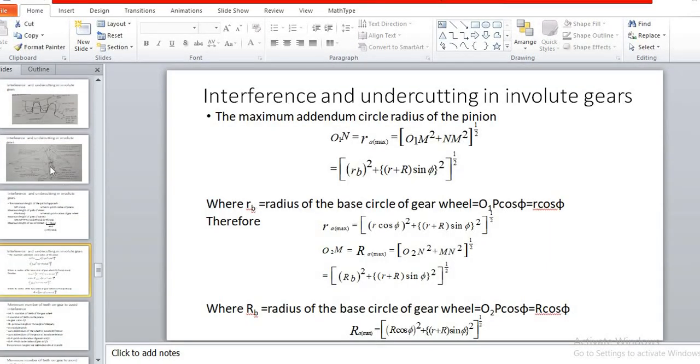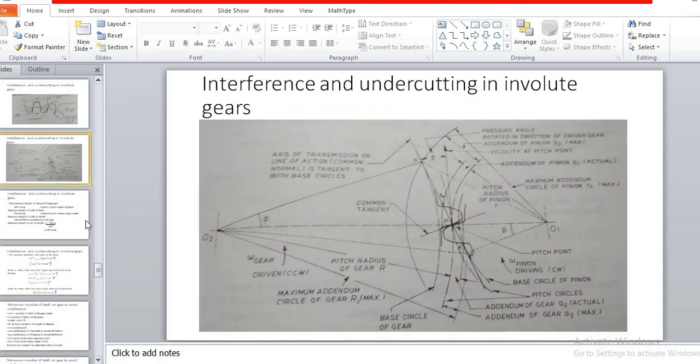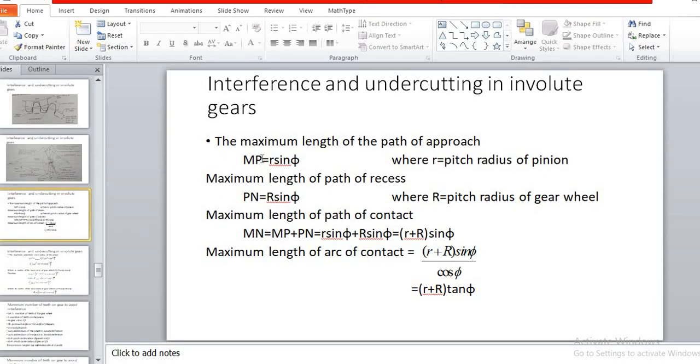So with the discussion of the diagram, we move further. In the last video we discussed the maximum path of contact.